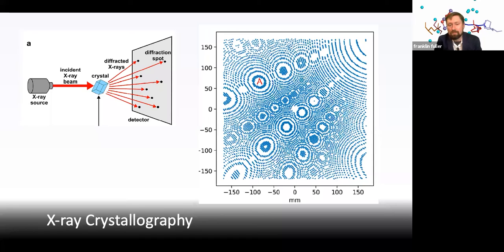This technique of crystallography is complicated to explain, but basically what we need is to provide a protein crystal. What that means is we need to take PS2, the photosystem II complex, purify it to a very high level of purity, and through some wizardry of chemistry, turn it into a crystal.